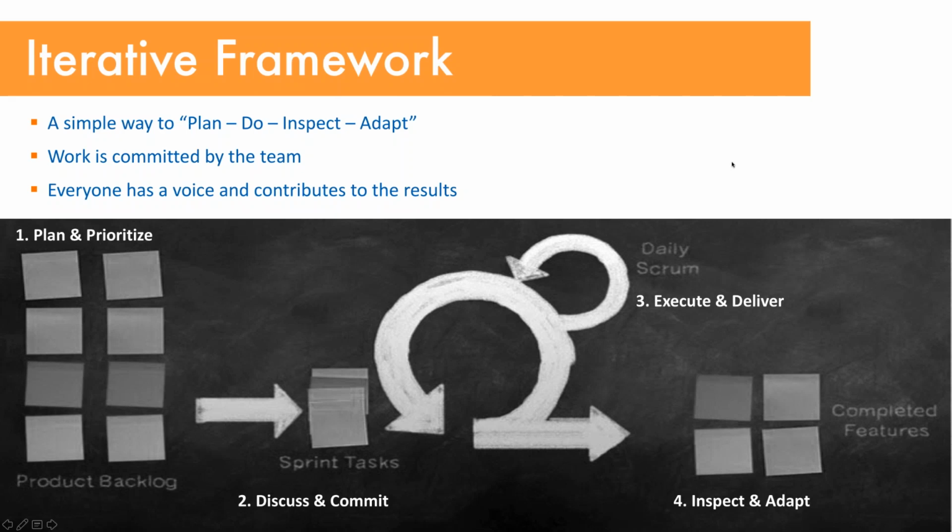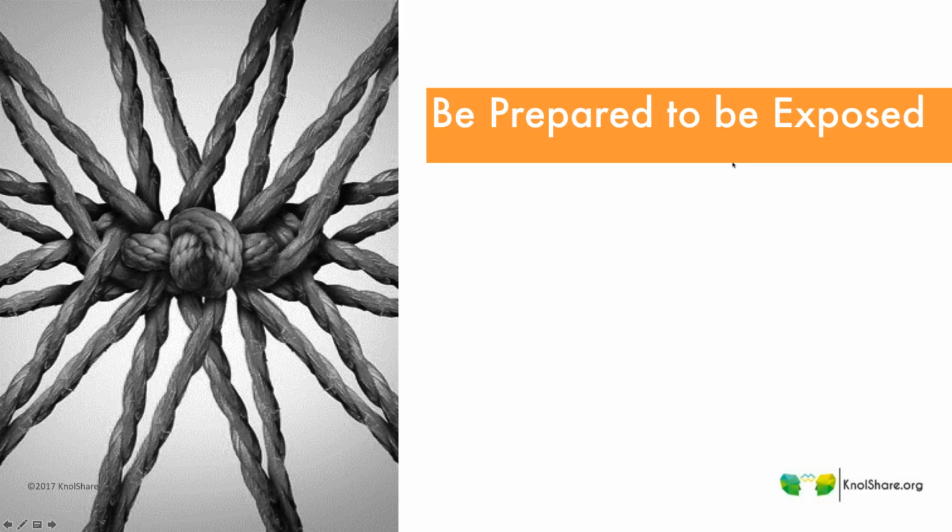One of the things you have to do is be prepared to be exposed. This is a common message you hear in the Agile community: be prepared to be exposed. Because oftentimes there's nowhere to hide when you have to commit to a team of 3 to 9 people each day. What did I complete yesterday? What do I plan to do today? And what are the things that keep me from success?